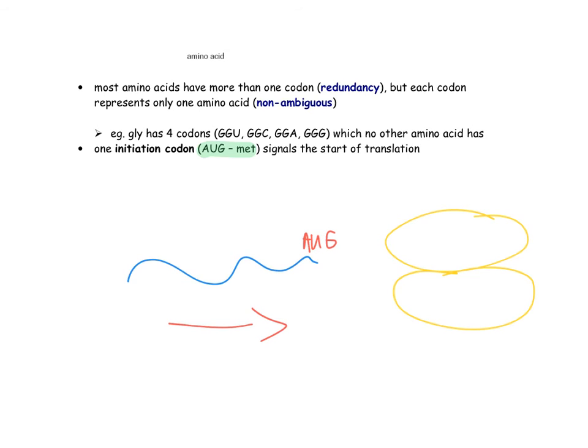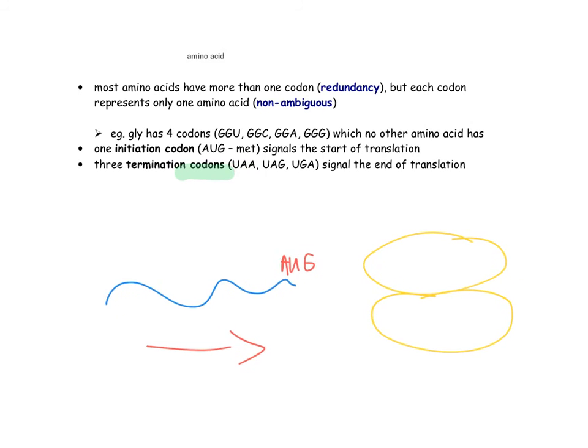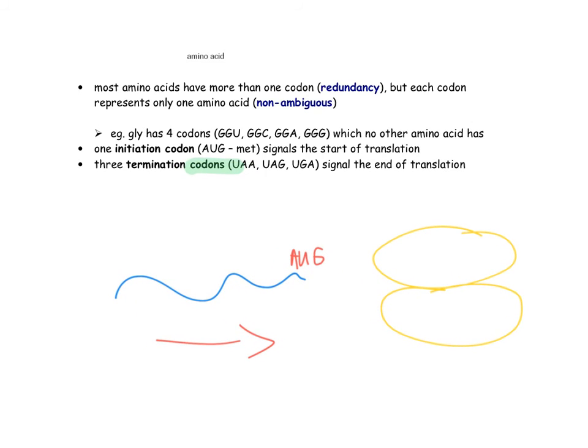So that's one point. The second point I wanted to make was that there has to be a way for the mRNA strand to signal to the ribosome that translation is done, right? That it's all done. And the way that it does that is by using a termination codon. There are 3 of them: 1, 2, 3.